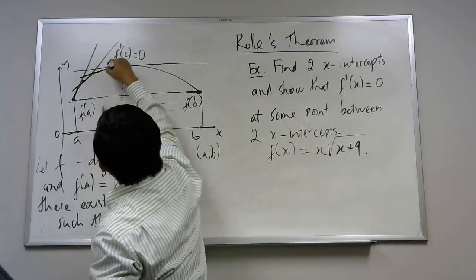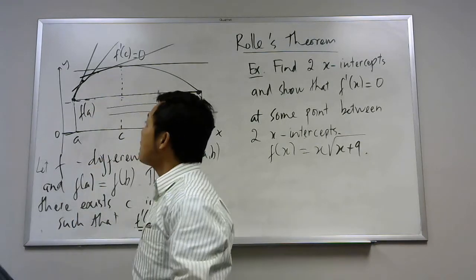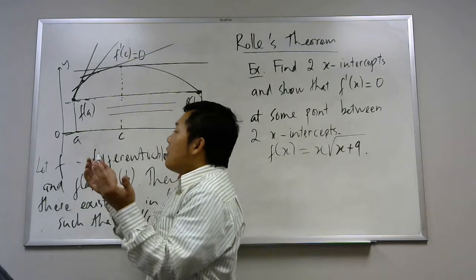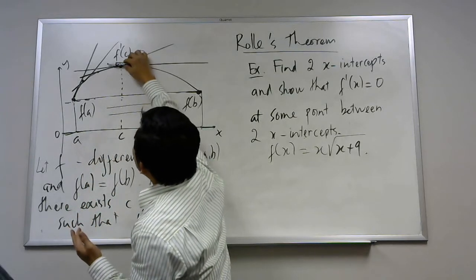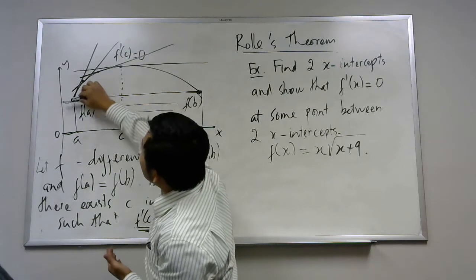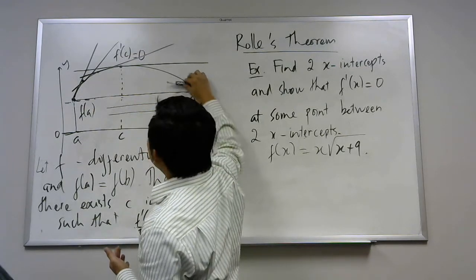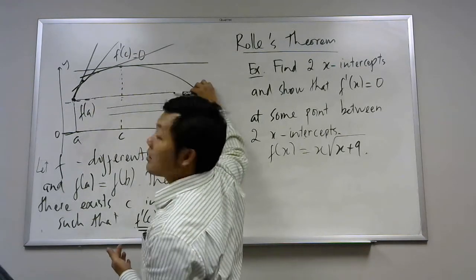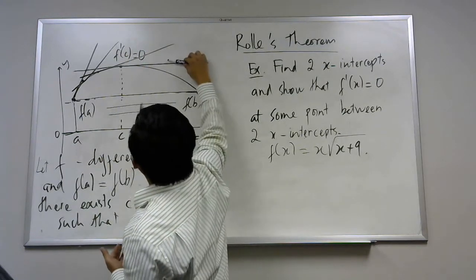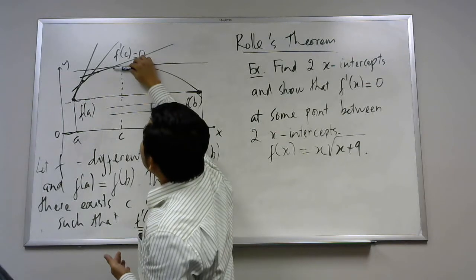Make sense? Graphically, the Rolle theorem says there exists at least one tangent line that is parallel to this line. But this line is horizontal, so the slope is 0, which means that tangent is also horizontal, and the slope is equal to 0.